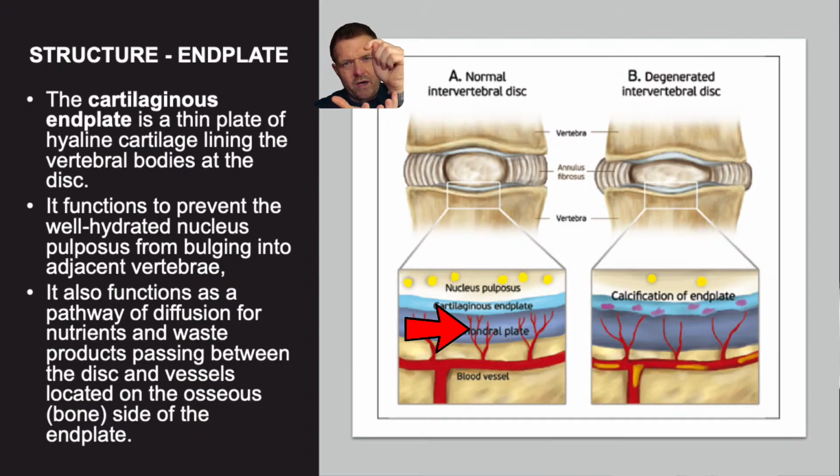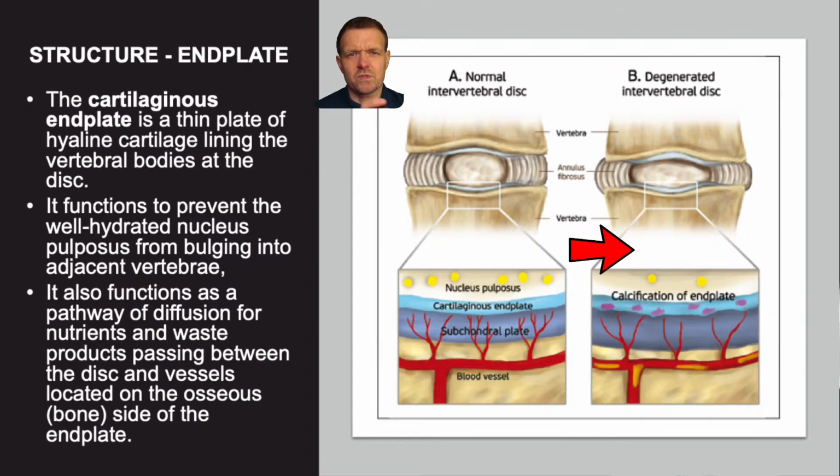It will then push up into the end plates and create these little indentations into the end plate, called Schmorl's nodes. So as we get older, and the tissue starts to degenerate, lovely word, but that's basically what happens, we get a calcification of the end plate, so then the nutrients into the disc are harder to get there.